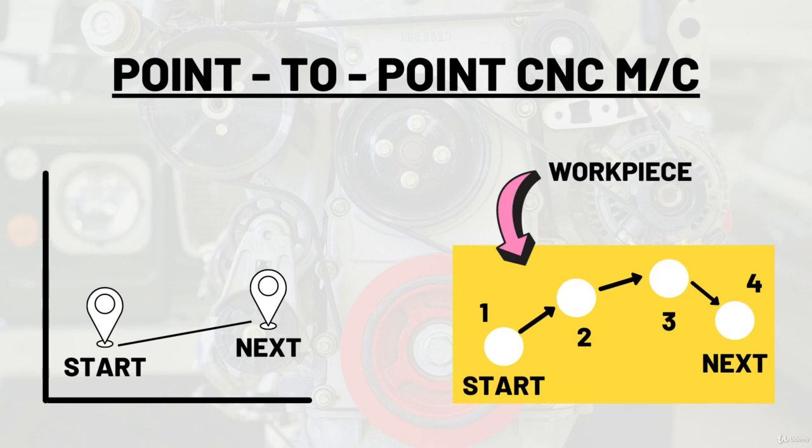Now for instance, if 4 holes are to be made, the program would simply specify 4 points in between the starting and next point, like 1, 2, 3 and 4 as shown in the figure, and the machine tool will perform the requisite drilling operation.